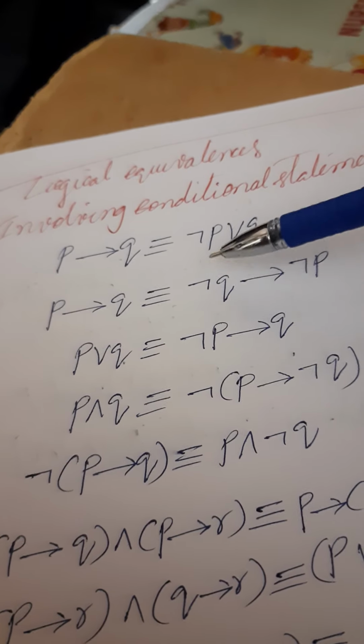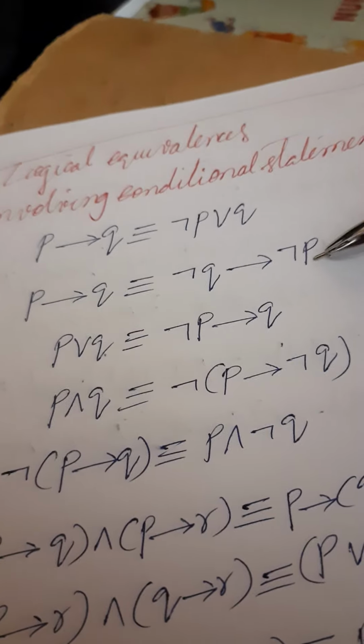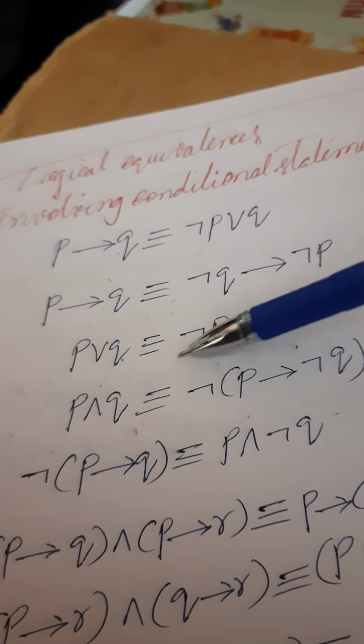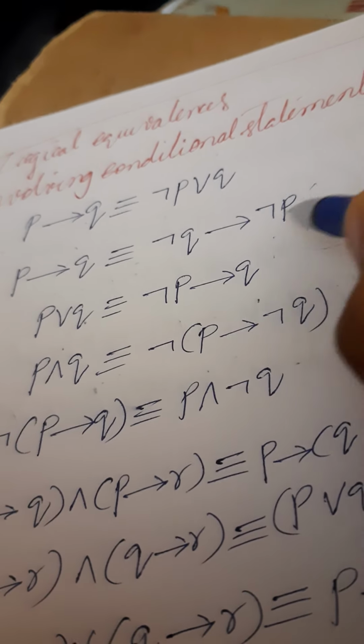Okay, we can also write P implies Q like this: negation Q implies negation P. How?